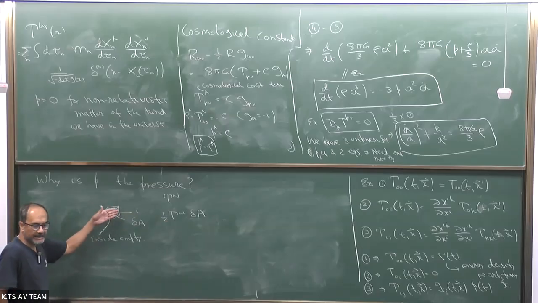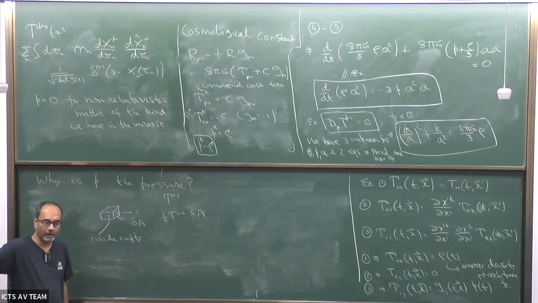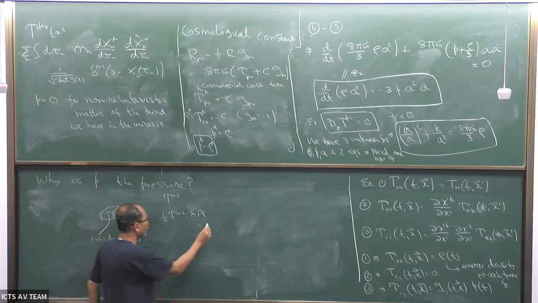Now let's suppose that this is elastic. Everything that comes and hits goes back. Energy has to be conserved, so it goes back with the same momentum but in the opposite direction. The i component gets reversed. So what is the total momentum transfer per unit time on this? 2 times this, right? Because it's coming, hitting and going back. So the momentum transfer is 2 times this.